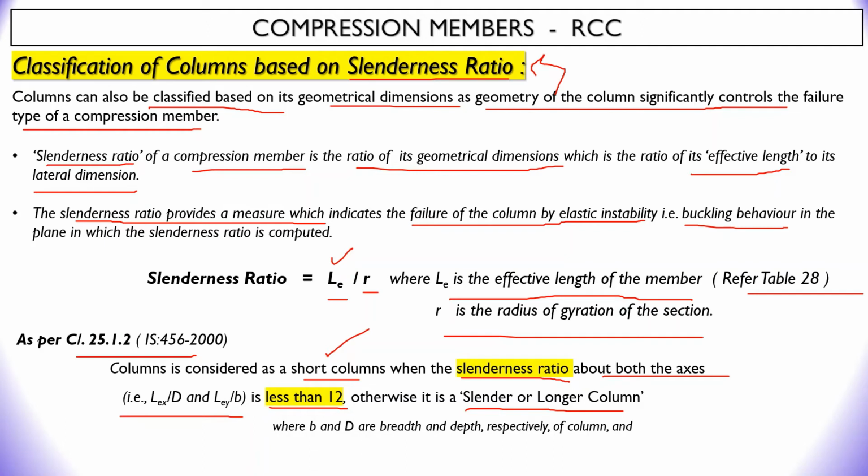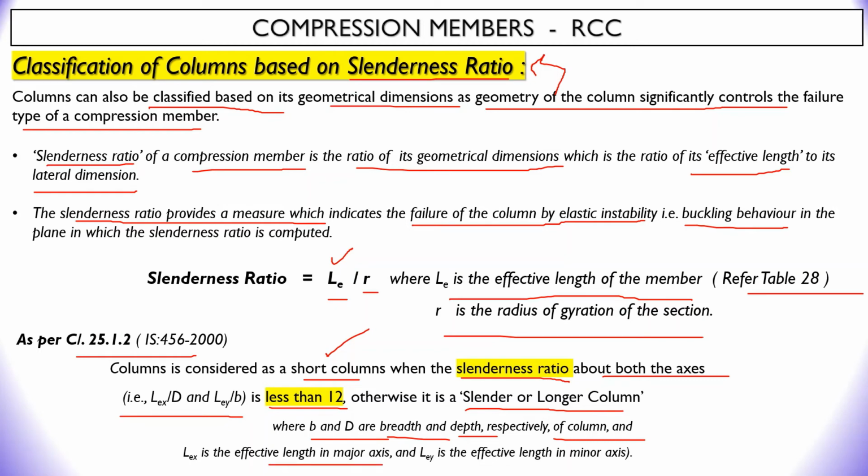Now, what are B and D? B is the breadth of the column and D is the depth of the column. Both are lateral dimensions of the column, and Le is the effective length of the column. Lex is the effective length of the column in the major axis, and Ley is the effective length in the minor axis.